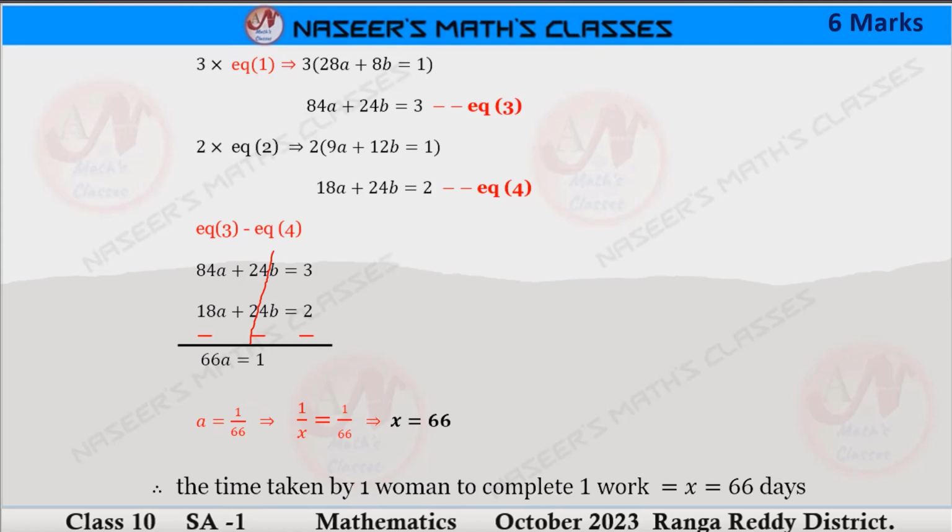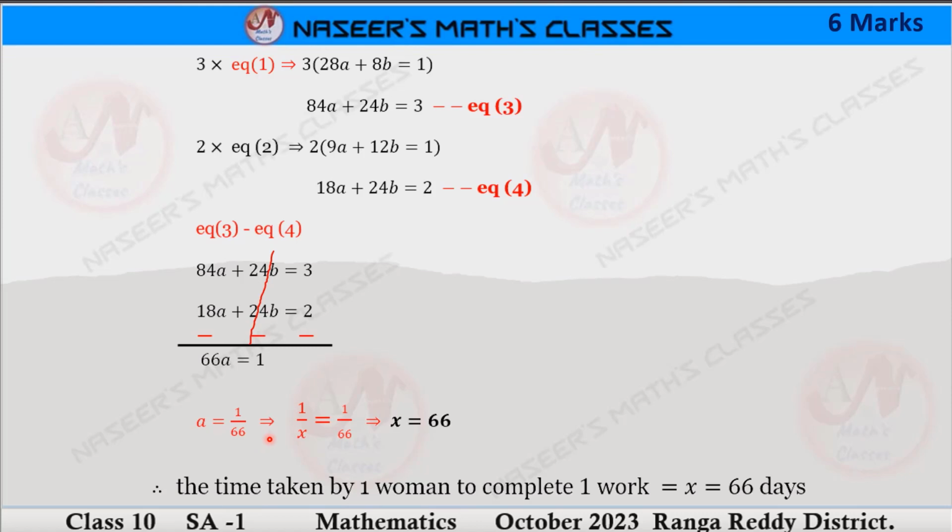Then we simplify by subtracting 84a minus 18a, we get 66a. 3 minus 2 we get 1. So by transposing 66 from LHS to RHS, we get a is equal to 1 by 66.